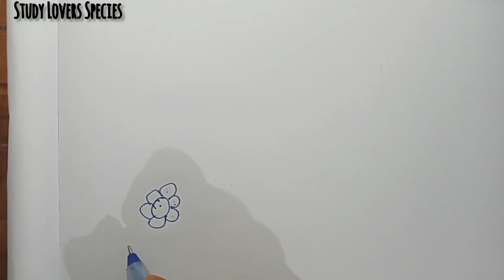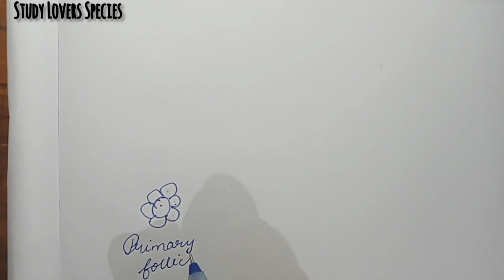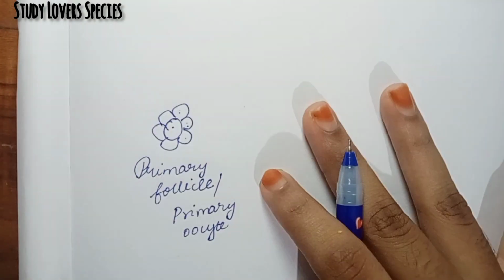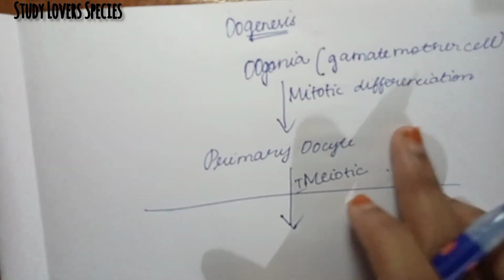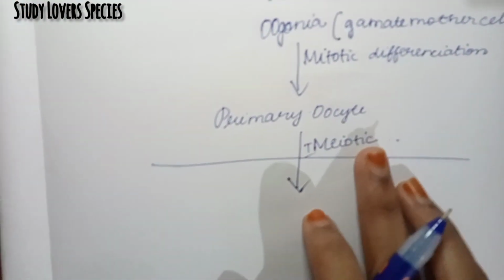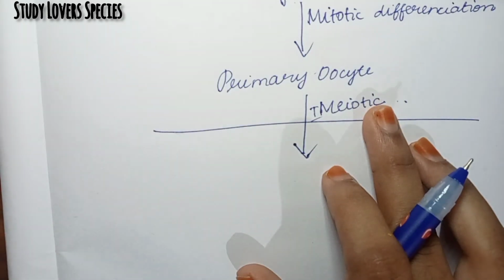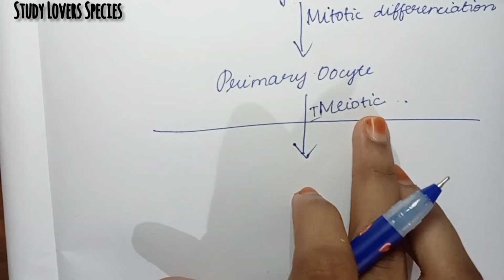Now this is called the primary follicle. The primary follicle is nothing but the primary oocyte. So the first meiotic division got stopped in the primary oocyte stage.